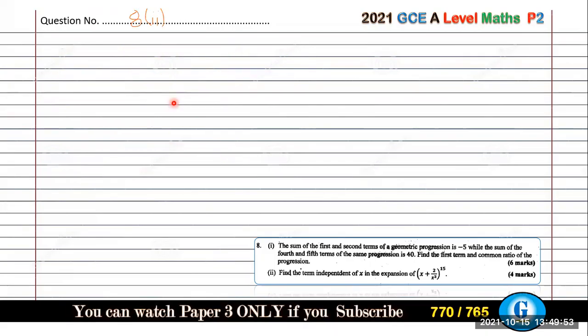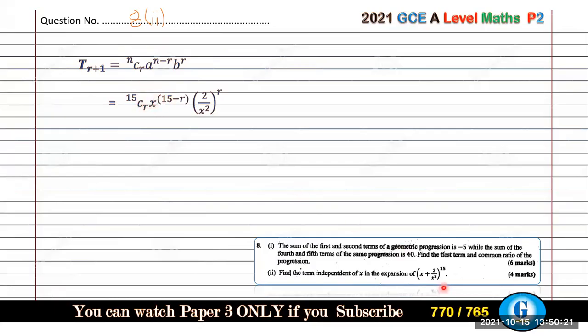The general term is given by T(r+1) is equal to n combination r, a to the power n minus r, b to the power r. Now for the term independent of x, we are going to have 15 combination r.